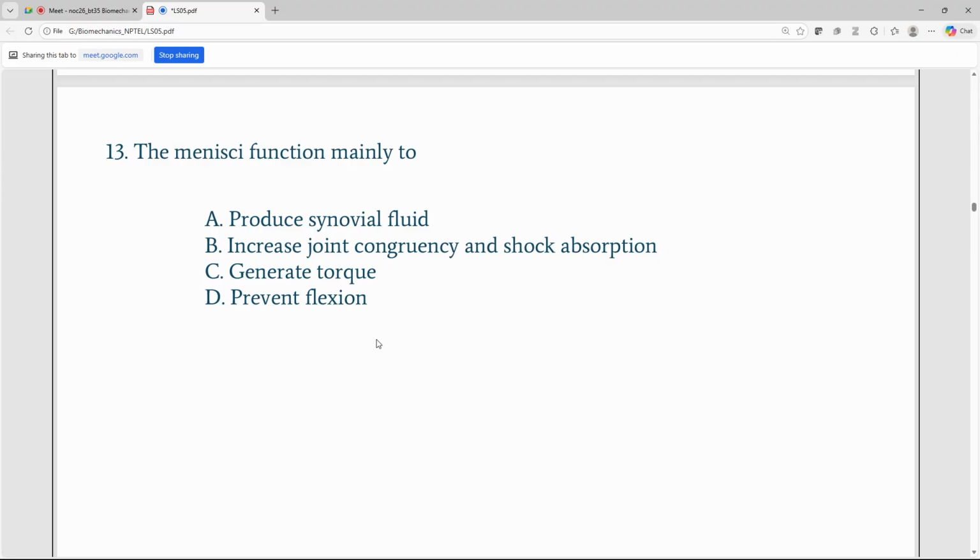The question is on the meniscus of the knee joint. What is the function of the menisci?